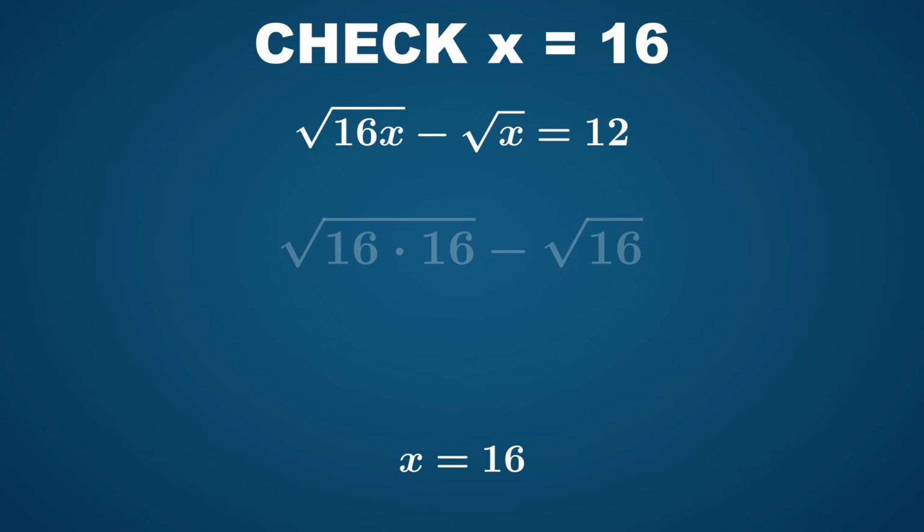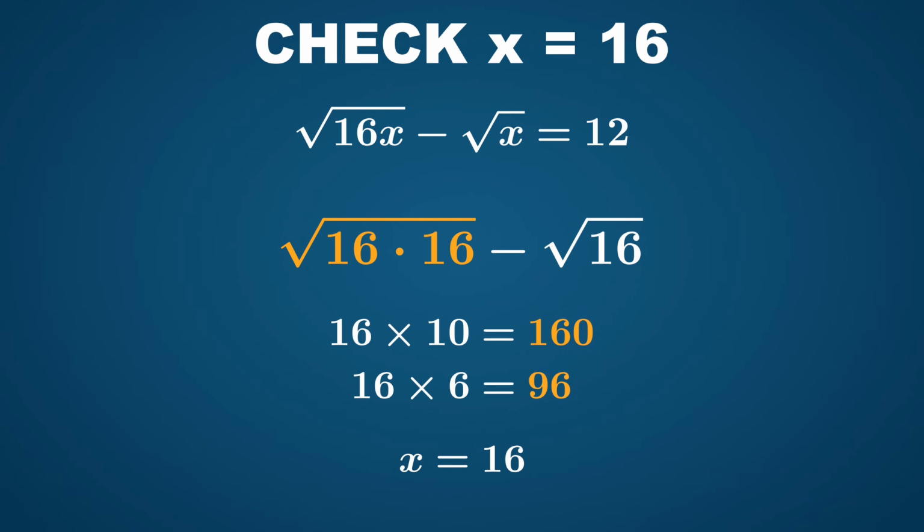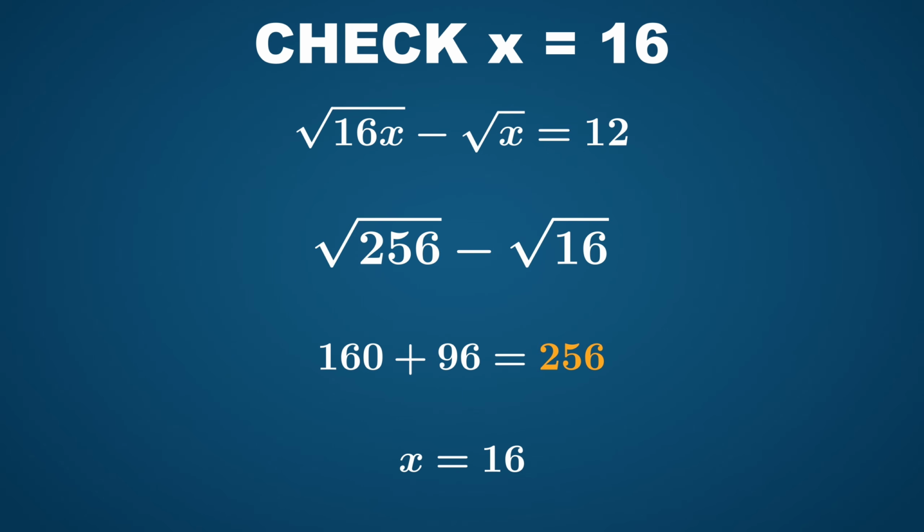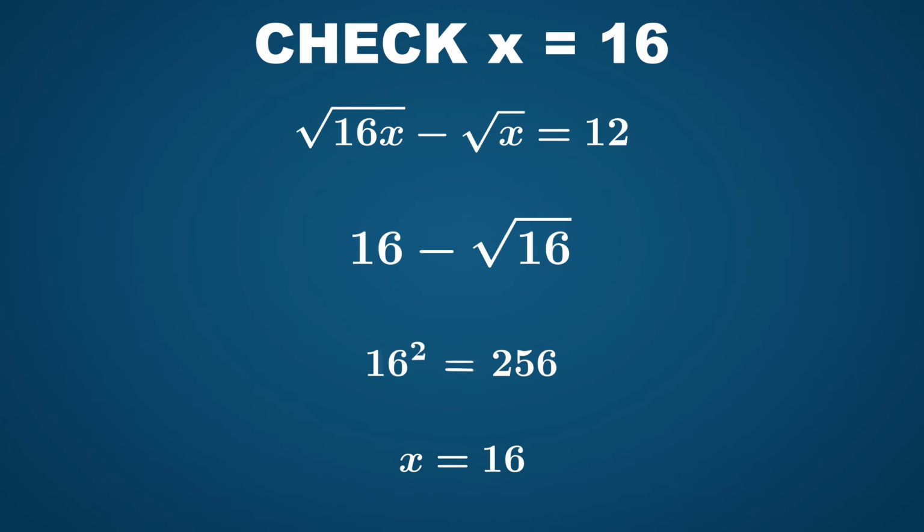We check it by substituting 16 into the original equation. Under the first radical we need 16 times 16. 16 times 10 is 160, and 16 times 6 is 96. Adding 160 and 96 gives 256 under the first radical. The square root of 256 is 16, since 16 squared is 256.